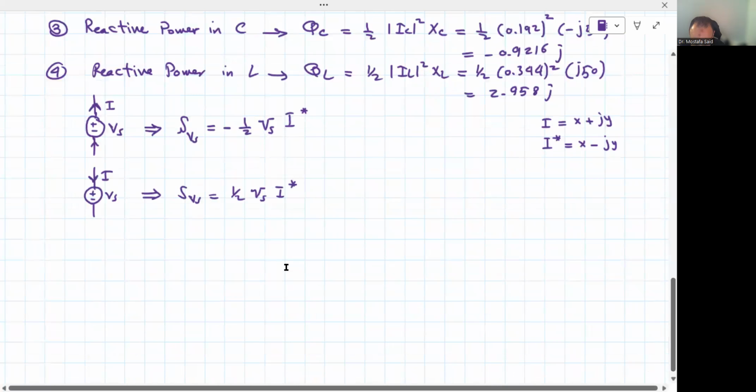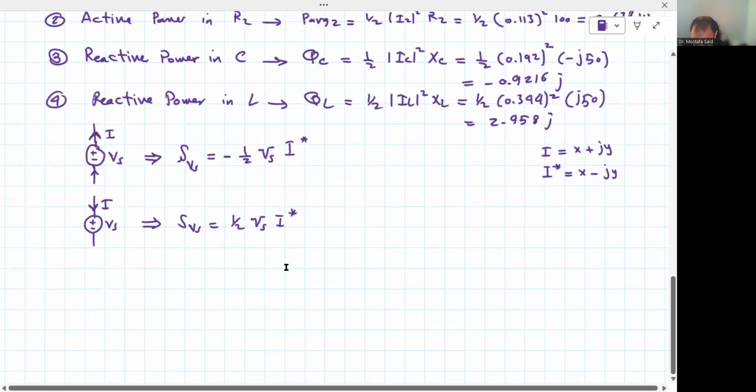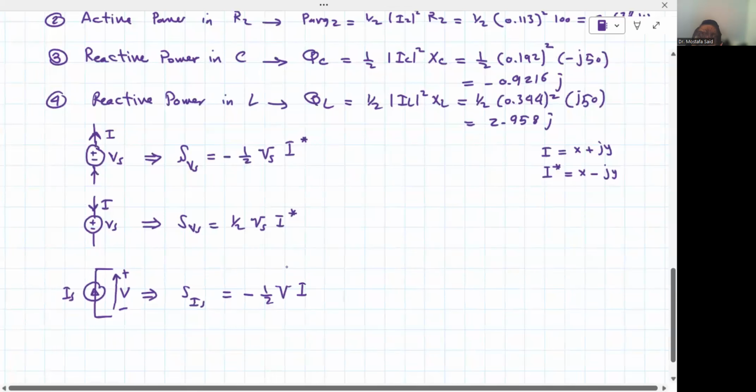Good. For the current source, again, the same observation. If we have a current source like that, IS, and there is a voltage, again positive and negative, then S_IS is minus half V, let's call the voltage V, and IS conjugate, if you assume it like that.